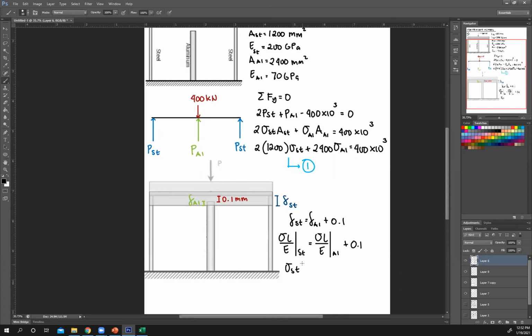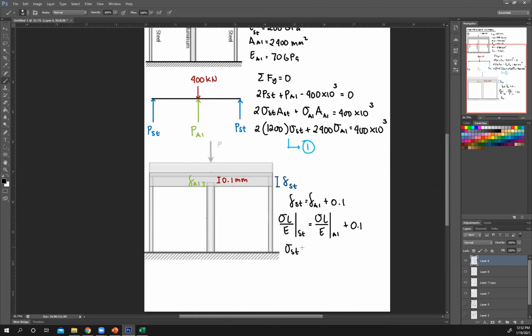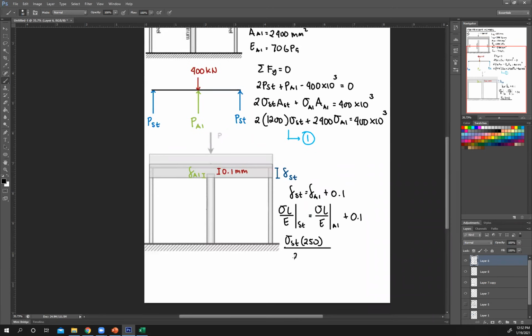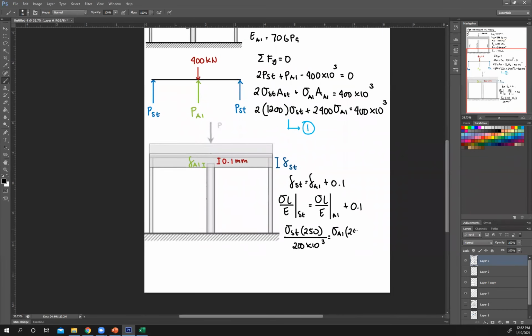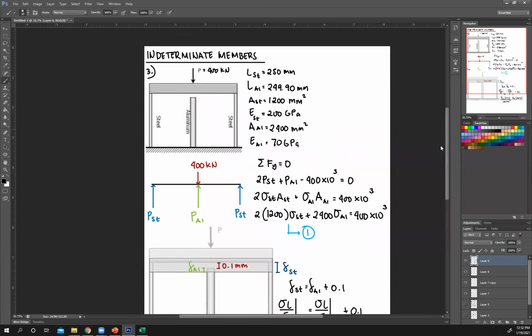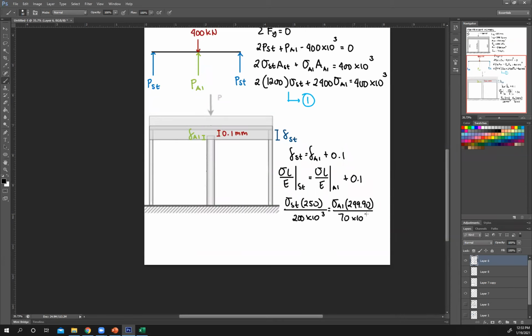So this sigma ST, original length of your steel is given 250, all over E of steel, 200 times 10 raised to 3, equals stress of aluminum times original length of aluminum bar 249.90, all over E of aluminum 70, plus 0.1. And that is your equation number 2.